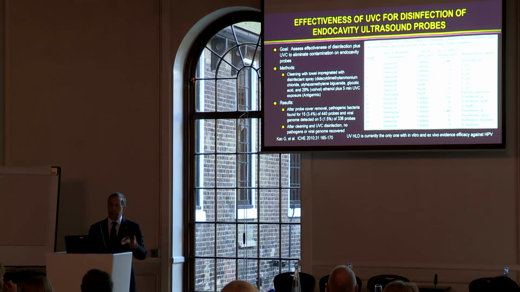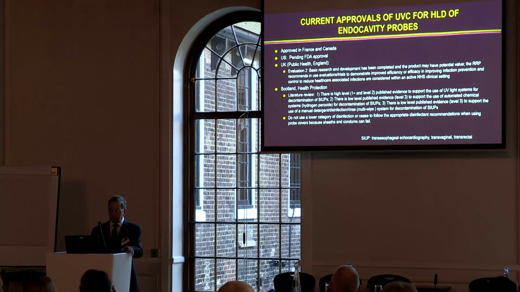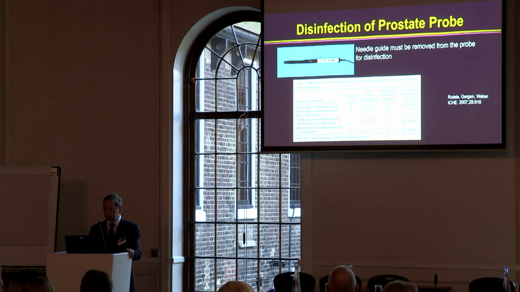Again, the standard methods are quite good, but ultraviolet light is faster, easier, and better. Currently, these UVC devices are approved in France and Canada, pending in the US and the UK as well. The basic research there has been completed, and the product has potential value. And the same thing is true in Scotland in terms of its use.